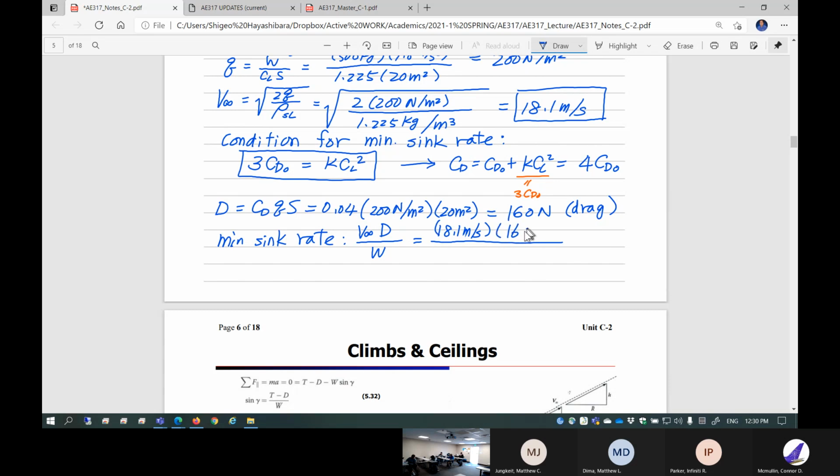Drag we found 160 Newton. Weight is 500 kilogram multiplied by 9.8 meter per second square. Give me a weight, not the mass, but anyways. 0.59 meter per second. So this is the minimum sink rate for this airplane.